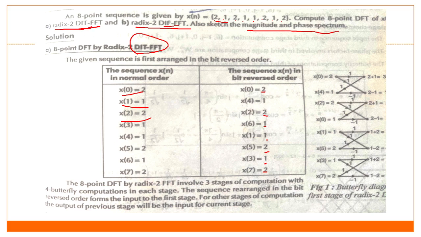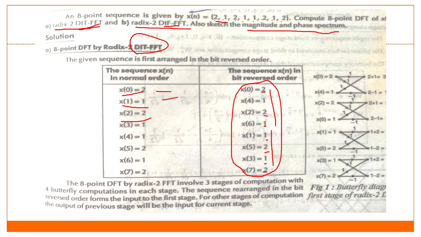If it is DIT, then you have to shuffle the order: even sequence first and odd sequence second. In the DIF algorithm, the sequence is kept as it is. So I have changed the sequence.